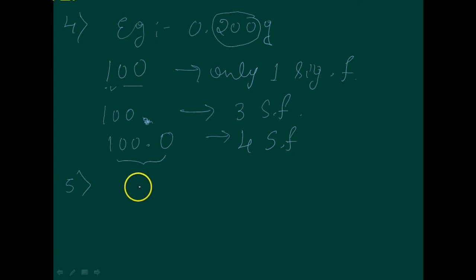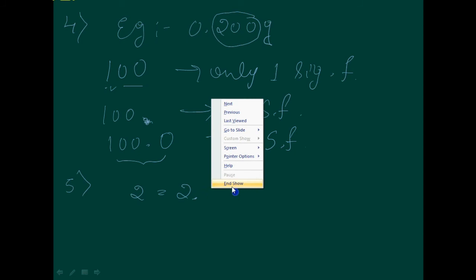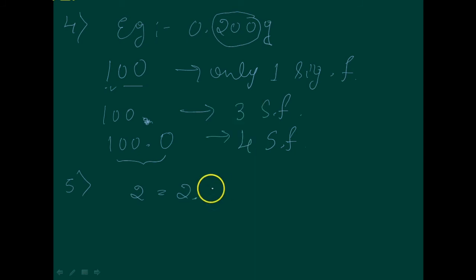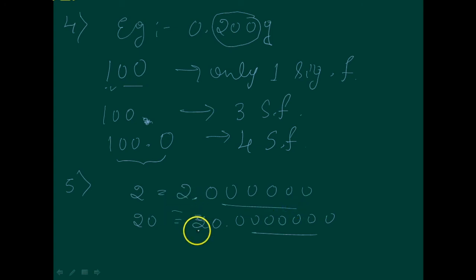That is, 2 is equal to 2.00000000, and 20 can be written as 20.00000. So for counting objects, you can write any number of zeros. So this is about the rules of significant figures.